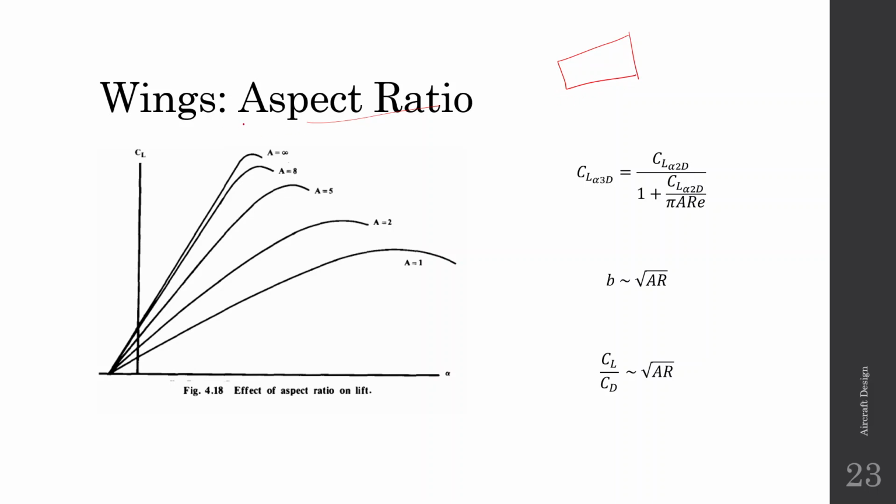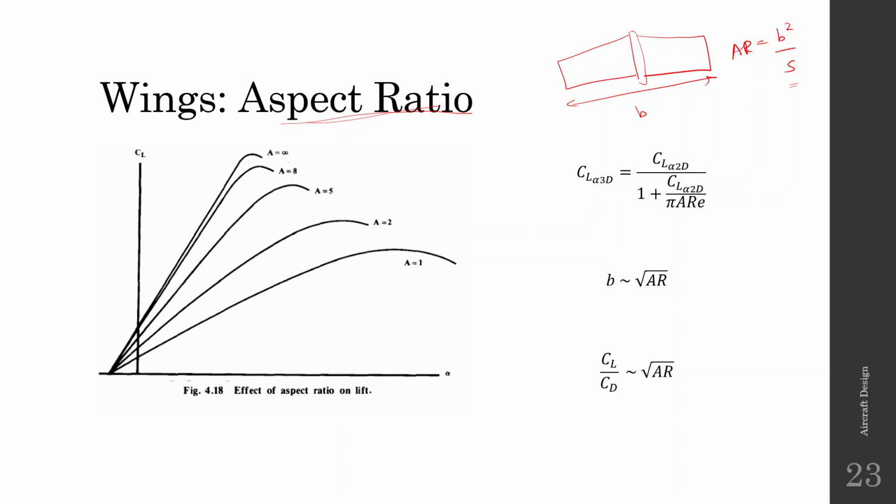So firstly, the most important factor is the aspect ratio. The aspect ratio is defined as b square by s. If this is the top view of your plane, then b is the wingspan, and s is your total wing surface area.